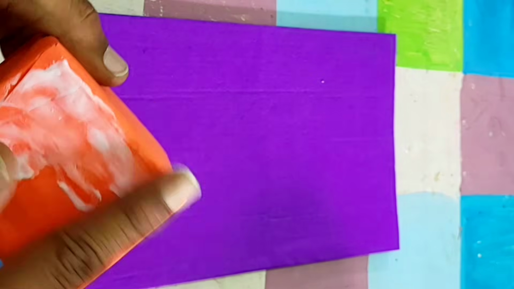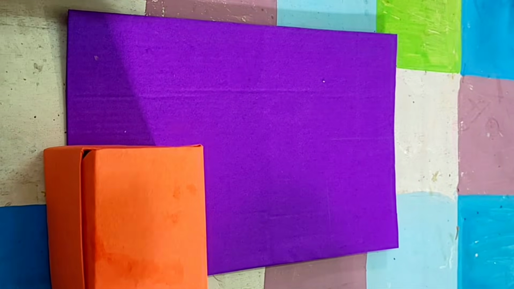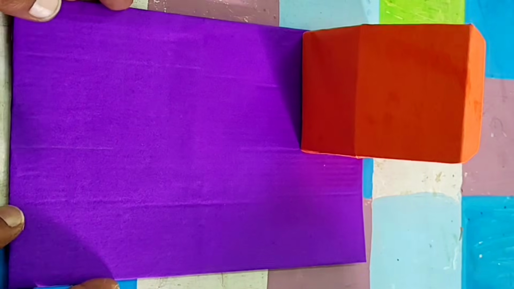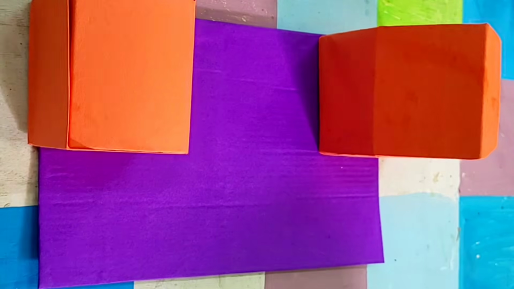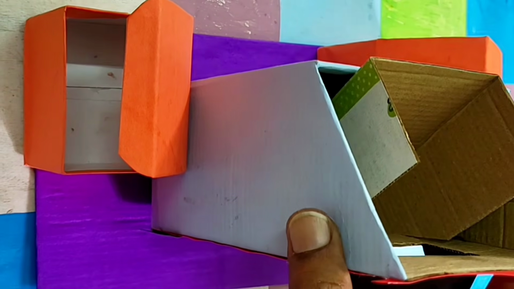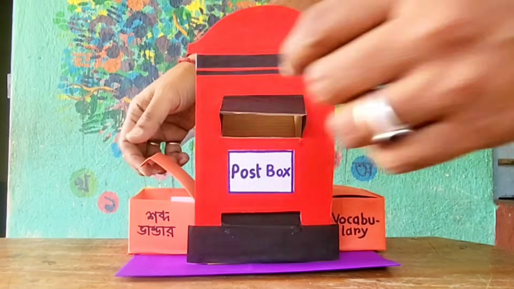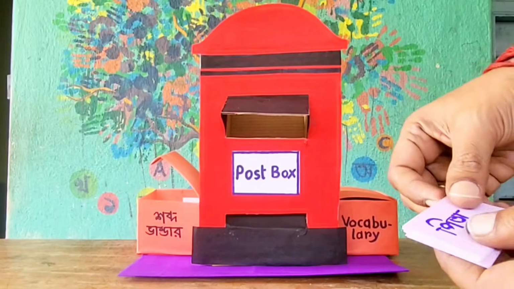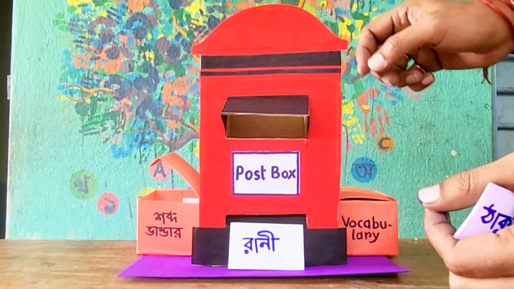I will use Bengali vocabulary on one side and English vocabulary on the other side, so that I can teach in Bengali and English with the help of a TLM.